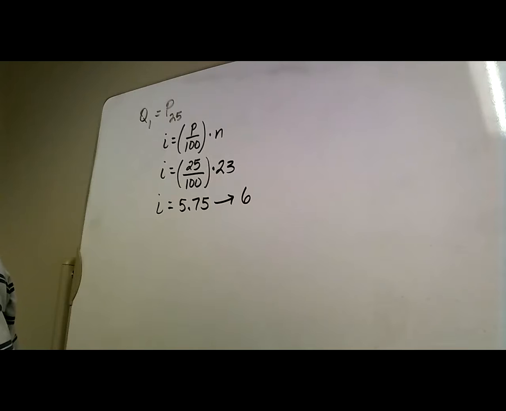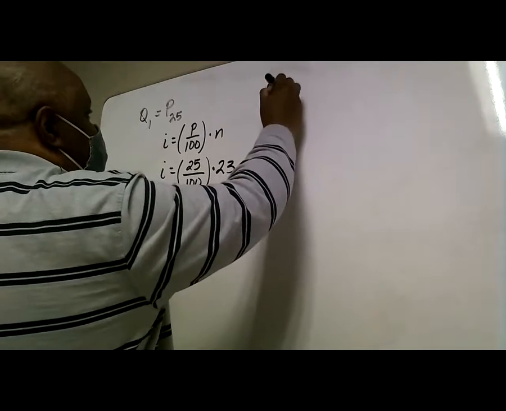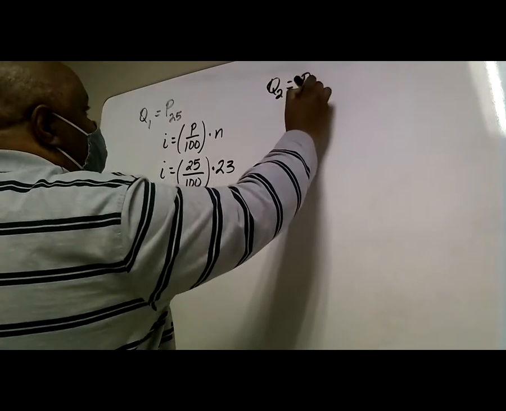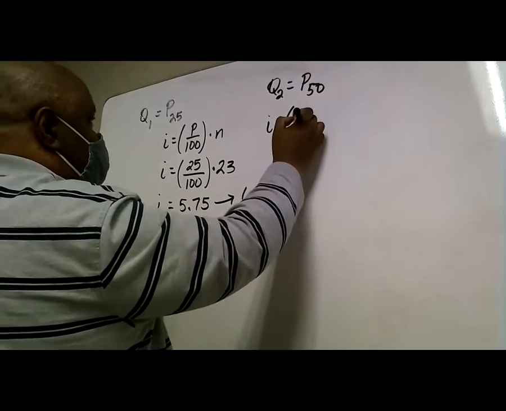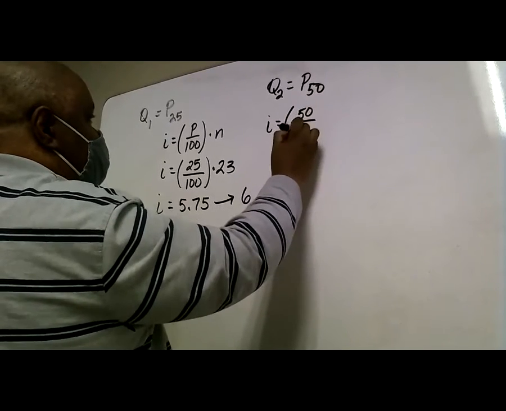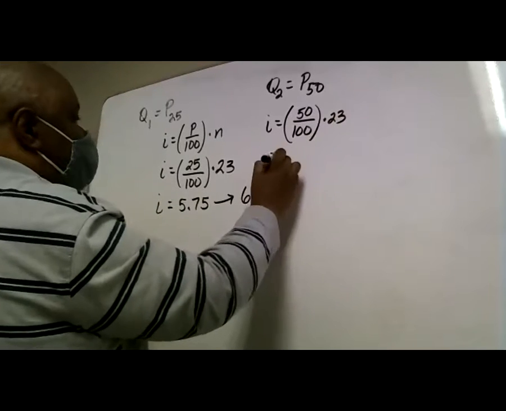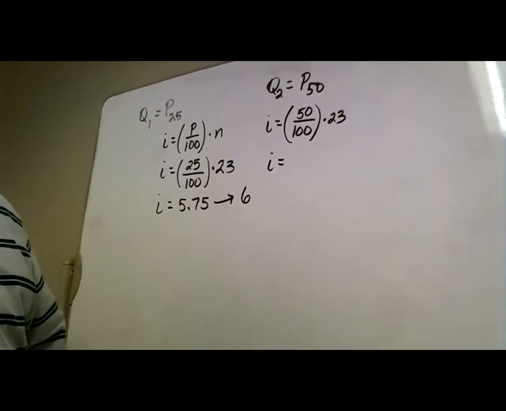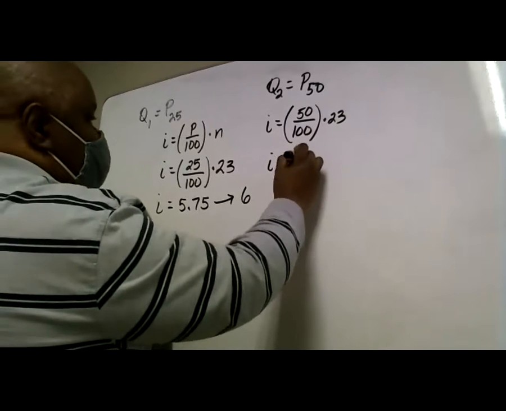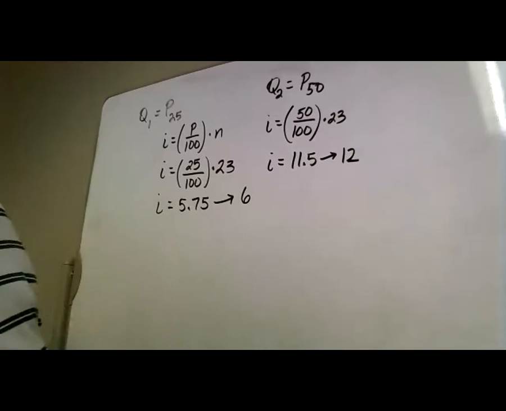And then the median, we just do Q2, which is the 50th percentile. So here, I will be equal to P, which is 50, divided by 100 times 23. So half of 23, that's 11.5. And again, we round this up to the next larger whole number, which is 12.